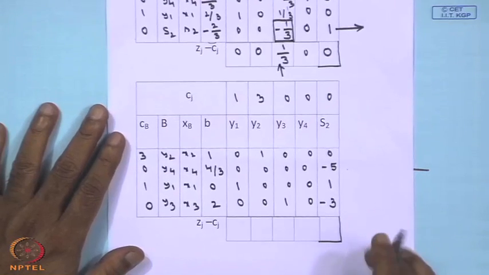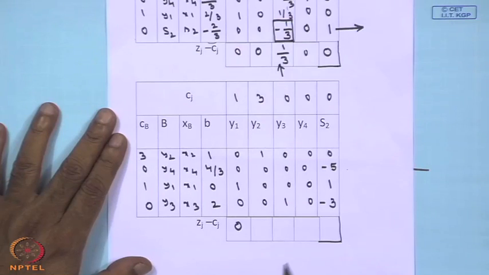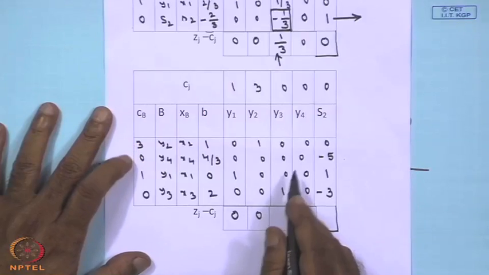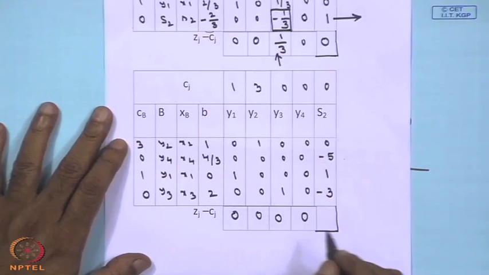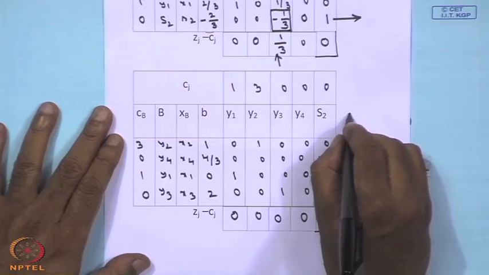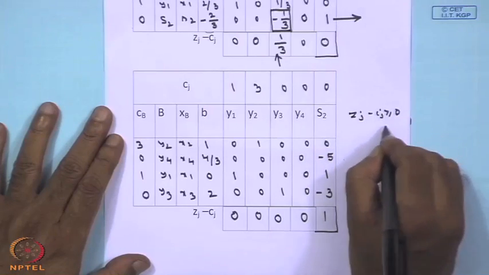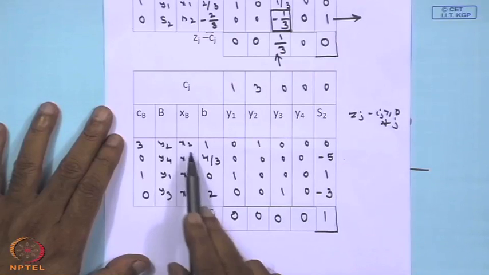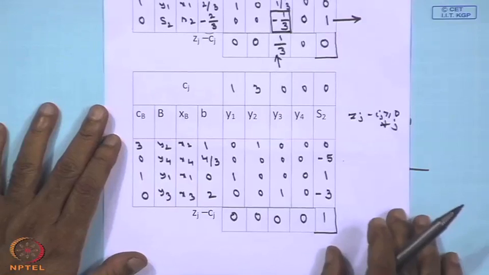Calculate the Zj minus Cj value. Zj minus Cj for the first variable is 0, next one is 3 minus 3, 0, 3 0 0. So, it is 0, next all 4 are 0. So, 0, this is 1. So, now if you see Zj minus Cj greater than or equal to 0 and my decision variables are x1 and x2, and x1, x2 are having integer values in the basis.